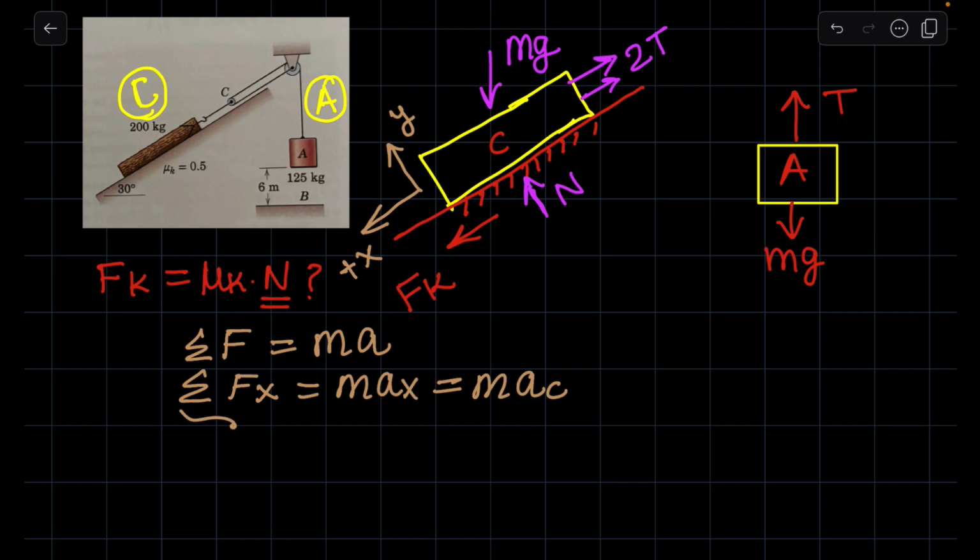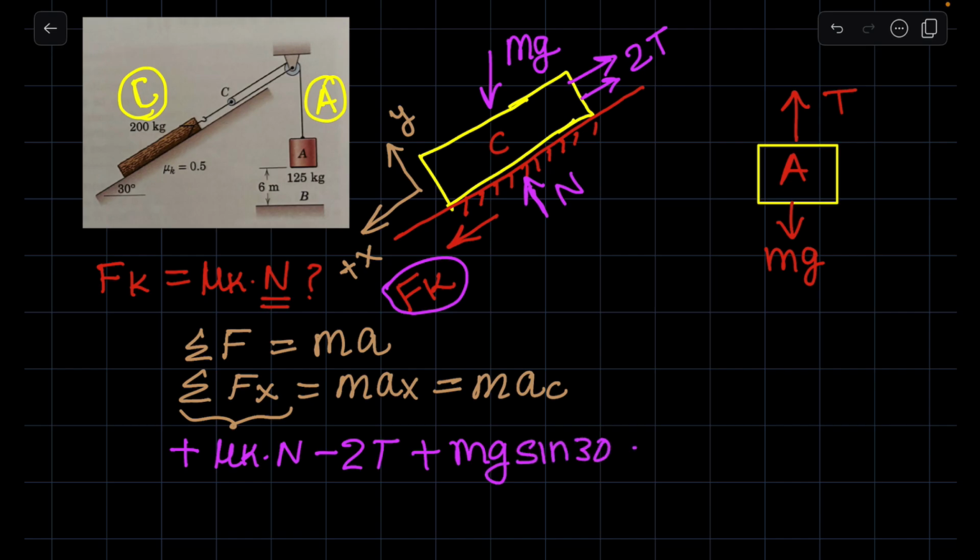Let's see what forces are working in the x direction for the body C. It is very clear from the free body diagram that Fk is working in the positive direction. So I will write Fk, that is mu k multiplied by N, minus 2T in the other direction, and the component of mg in the plus direction, mg sine 30, is equal to the mass of this body times AC.